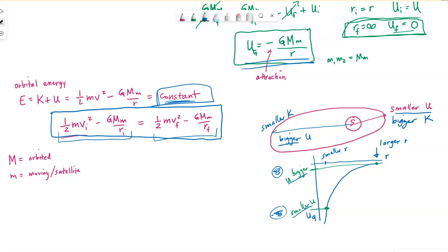Please keep in mind, you cannot use MGY for any problem that involves distances large from the Earth. Even if one moment in time is close to the Earth and another is not, we cannot use MGY. We have to use the same version of potential energy for both initial and final moments in time, which is fine.